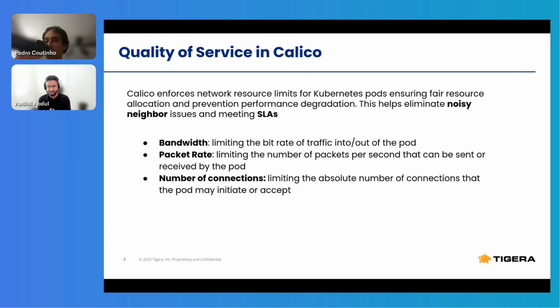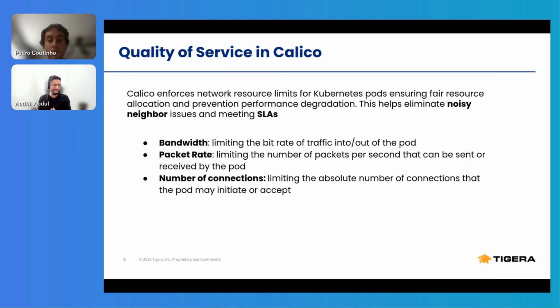So in Kubernetes, if you look at CPU and memory, you can define resource requests and resource limits. So a resource request is the amount of CPU and memory a workload can request from the cluster, and resource limits are caps that you can enforce so that workloads don't exceed the caps that you have specified.